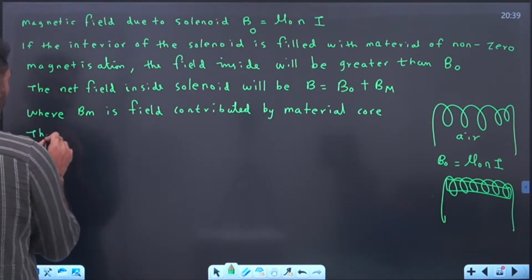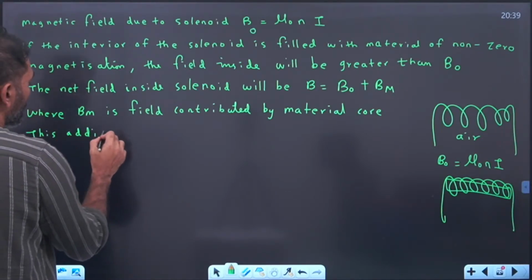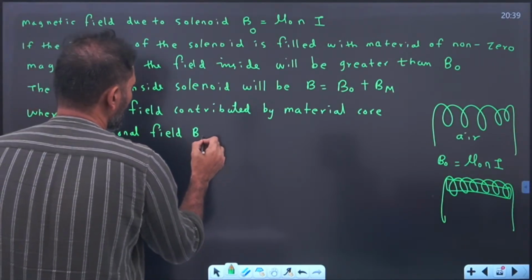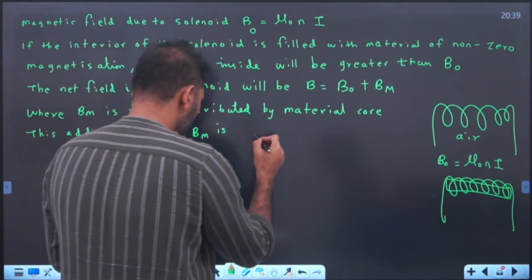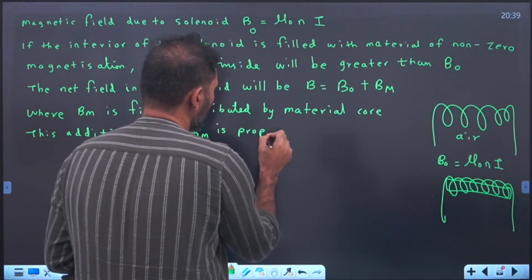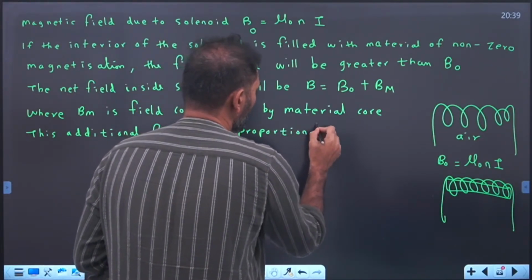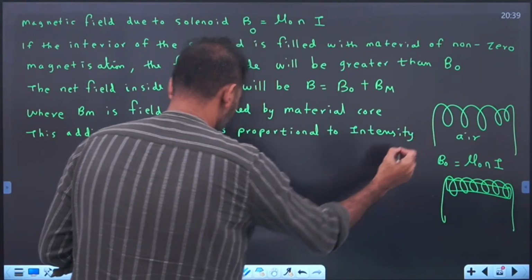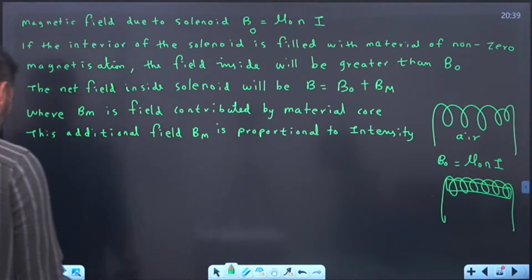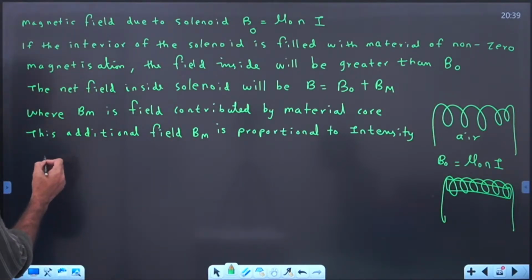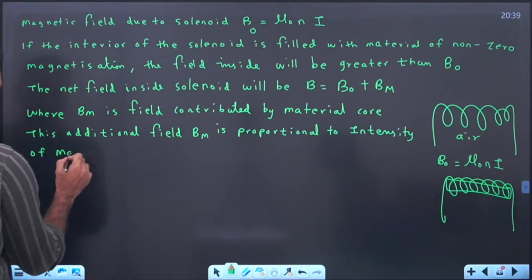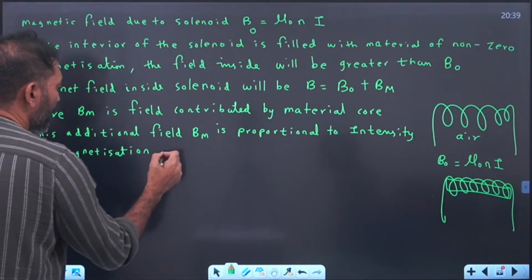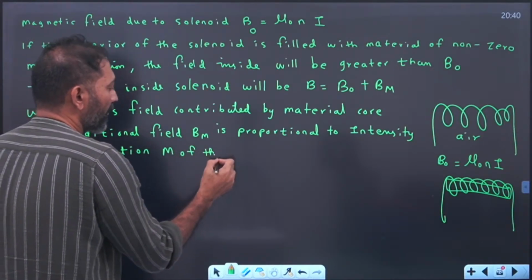This additional field Bm is proportional to the intensity of magnetization M of the sample, M of the material.